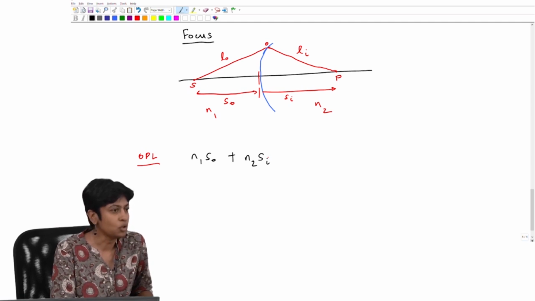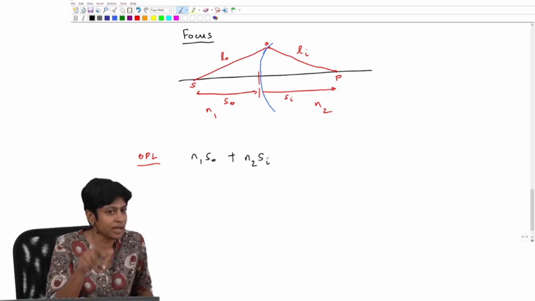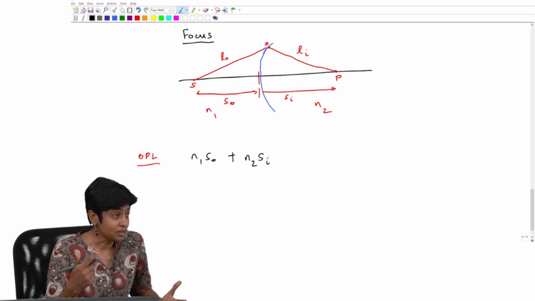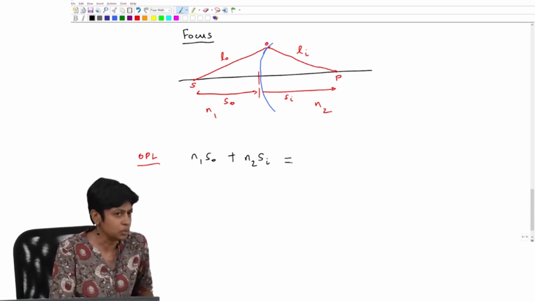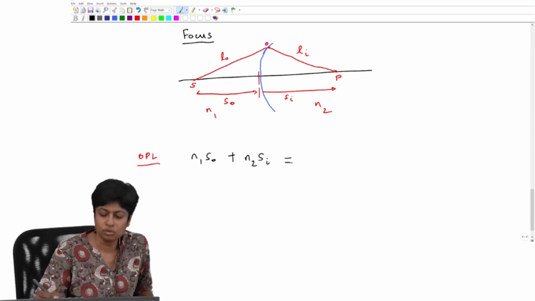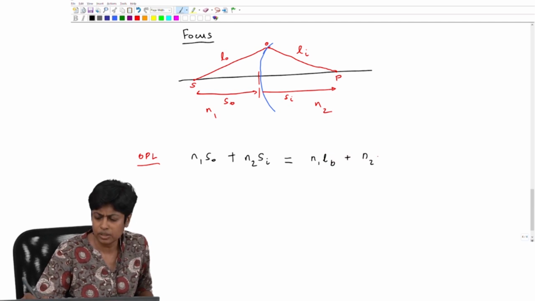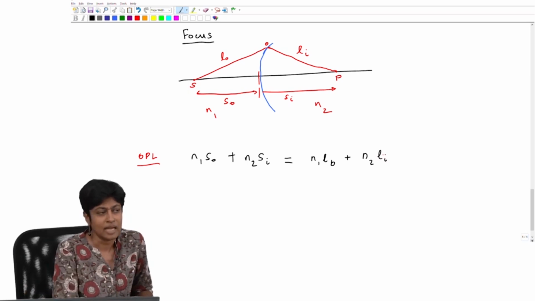Now, our goal is every ray coming from this point S should arrive at point P. In other words, for the second ray that I have drawn, the path length should be equal. So, N1 into L naught plus N2 into Li, and this should be true for any ray that I draw.